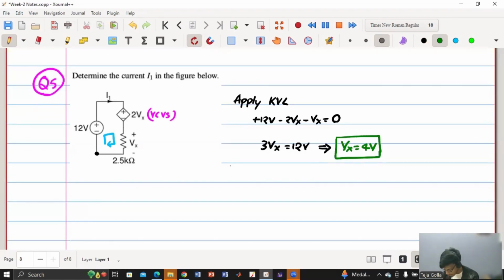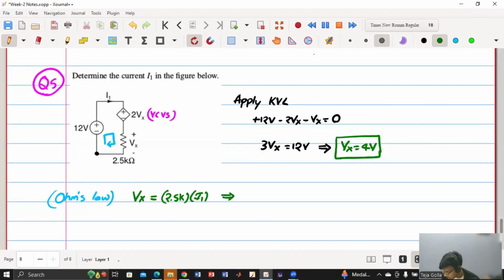So now can you tell me Vx in terms of I1? What is the expression for Vx in terms of I1? Apply Ohm's law. 4 by 2.5 kilo ohm. Yes, that is I1. So Vx is nothing but 2.5 kilo ohms into I1.